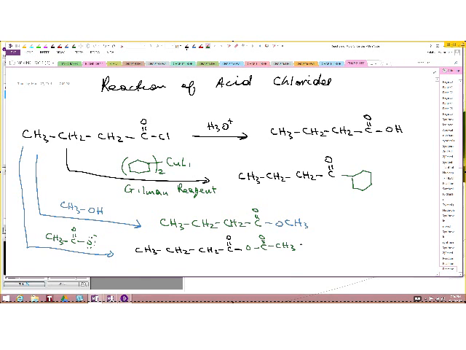And of course, based on what we just discussed with regard to the amide, it will react with the amines to give you the different types of amide. So let me just give you one example of that.